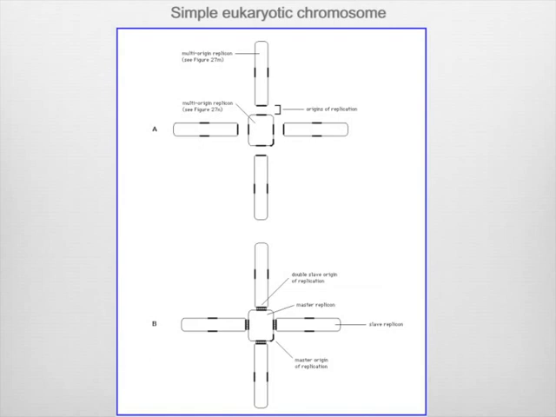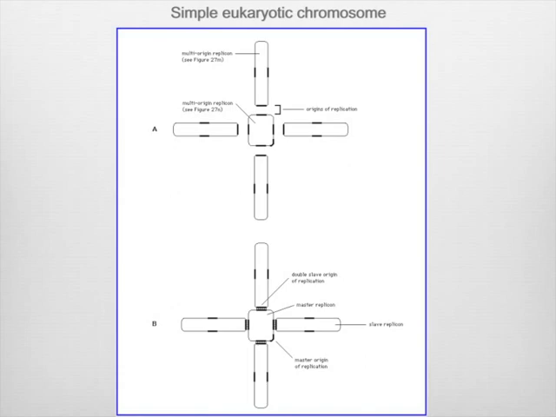Okay, now we're getting into the eukaryotic chromosomes, which are more similar to ours than they are to bacteria, which are called prokaryotic chromosomes. Now, when you look at this diagram, like in A, you'll notice the long rectangular shapes, there's 4 of them, and they have the 2 origins.